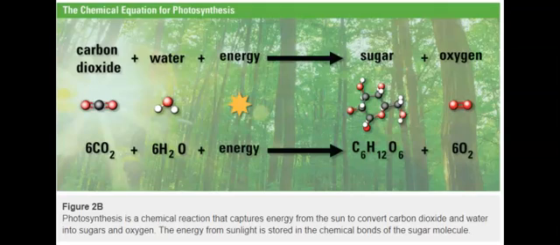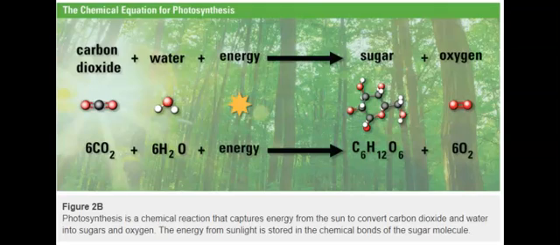In the picture, they're not. But if you look at the equation down below, it is. So let me help you with that. 6CO2 means there are 6 carbon atoms and 12 oxygen atoms, because 6 times 2 is 12. And then the next molecule of water is 6H2O, so it's 12 atoms of hydrogen and 6 atoms of oxygen.